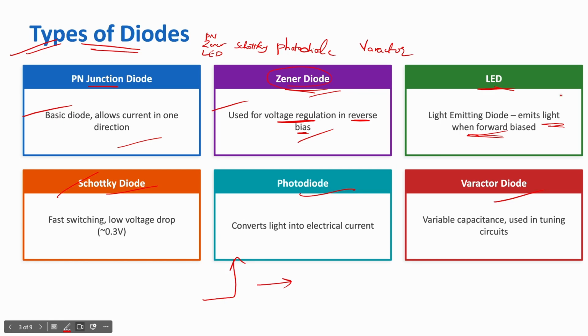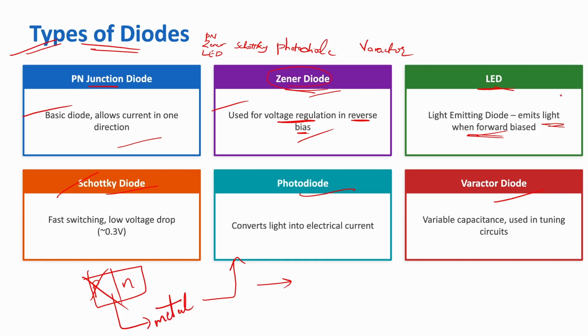Coming to the Schottky diode, used for switching with low voltage drop. In the PN junction diode, we combine P-type and N-type material. In the Schottky diode, the P-type material is replaced with metal, such as aluminum or another material. One side is metal and the other is semiconductor.